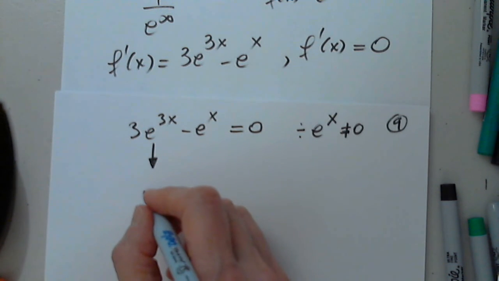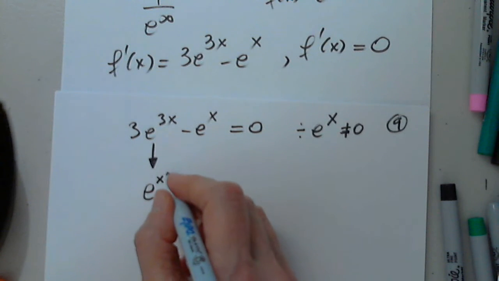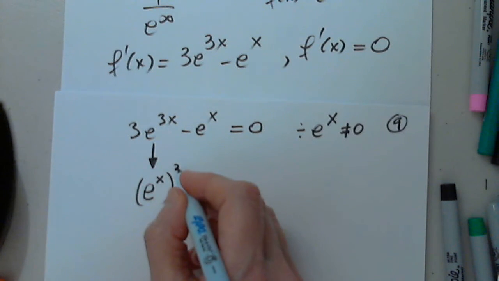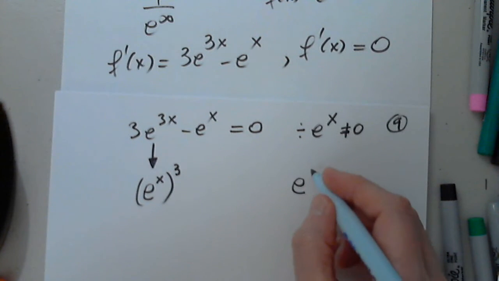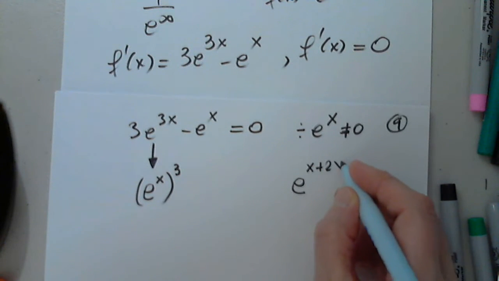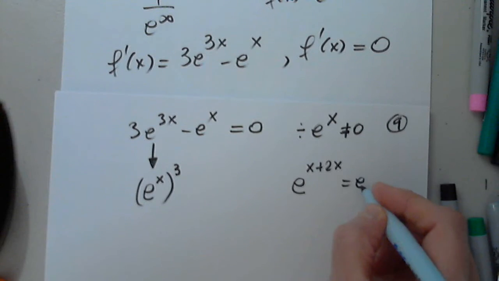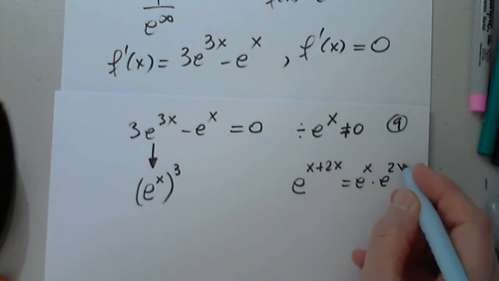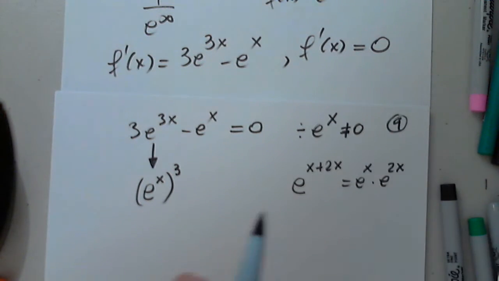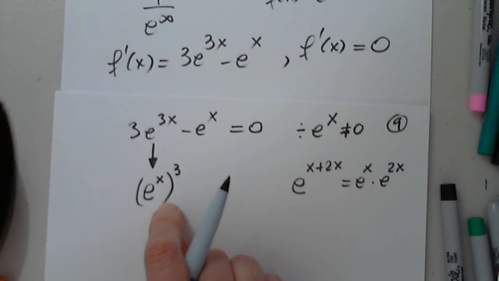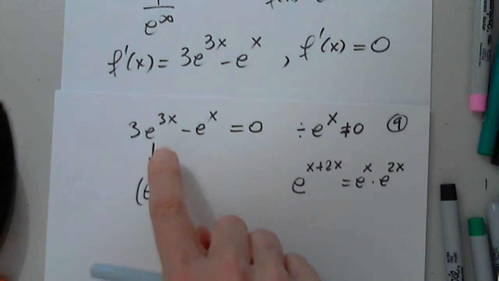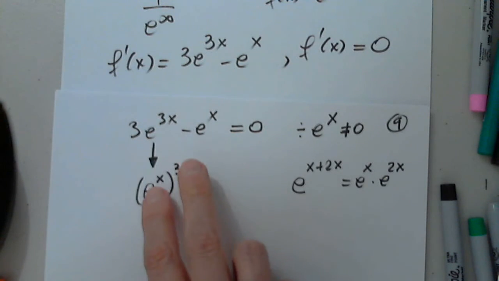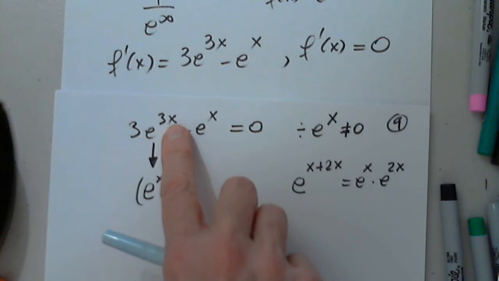One option is e to the x, everything to the third. Another option will be e to the x plus 2x, which is e to the x times e to the 2x. I'd rather stick with this. Same thing. Why? Because 3 times x is 3x. Copy the base, multiply the exponents, and get 3x.